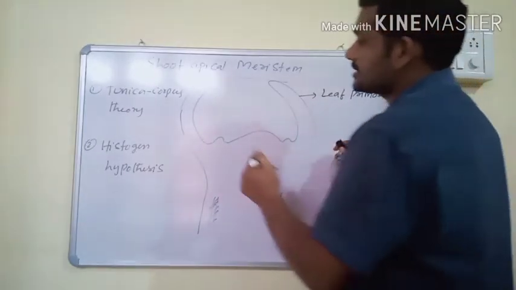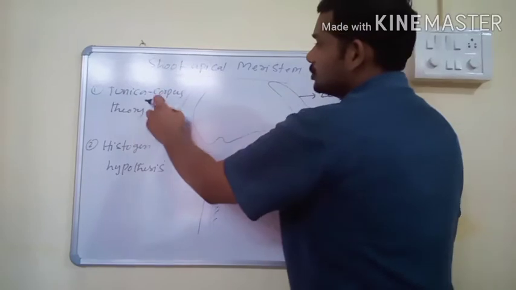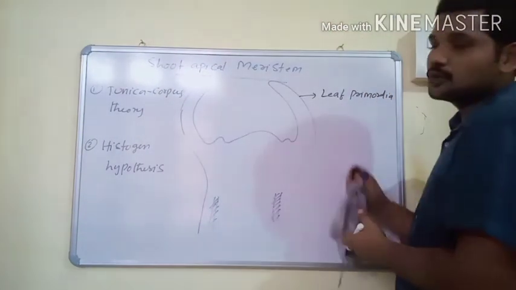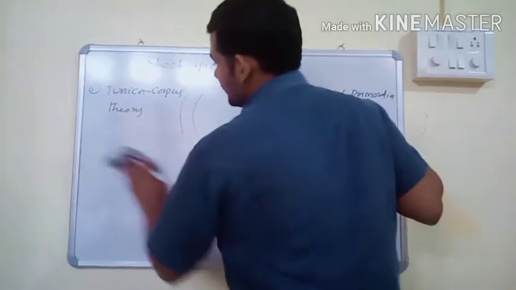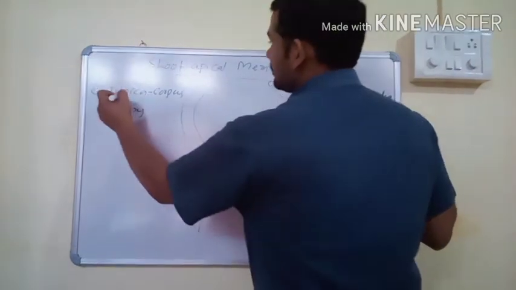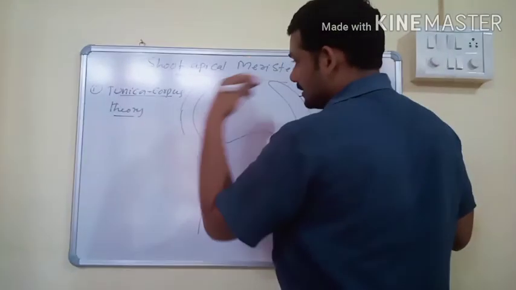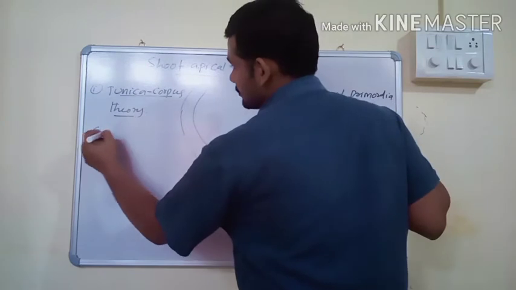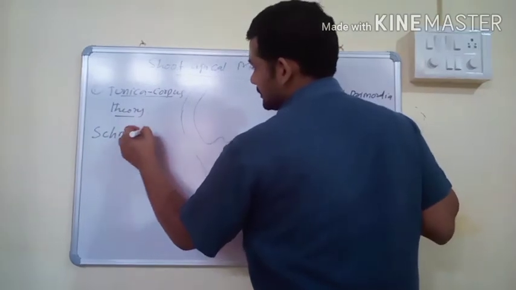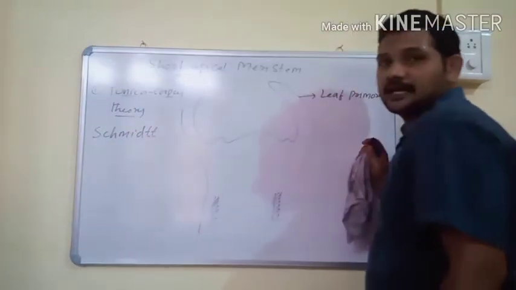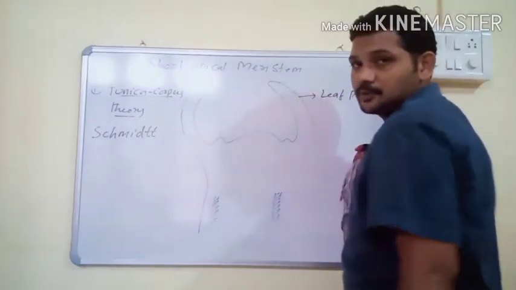The most accepted hypothesis regarding the shoot apical meristem is tunica corpus. Why? Now we will discuss. The tunica corpus theory was proposed by Schmidt.